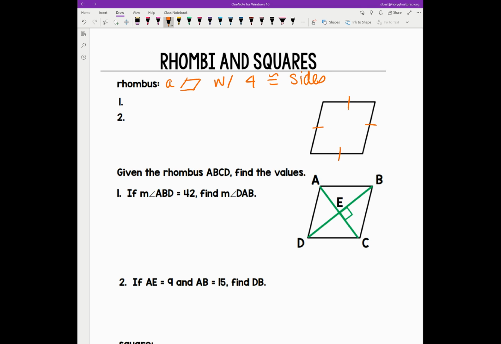And the other 2 properties are the diagonals are perpendicular. Okay, so in the middle of your rhombus, you've got 4 right angles, and each diagonal bisects a pair of opposite angles.